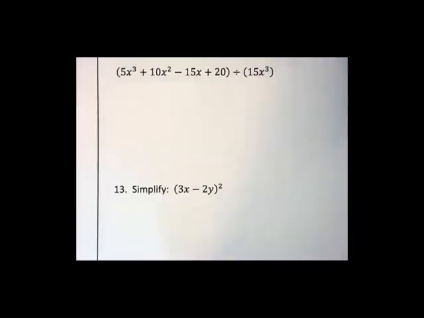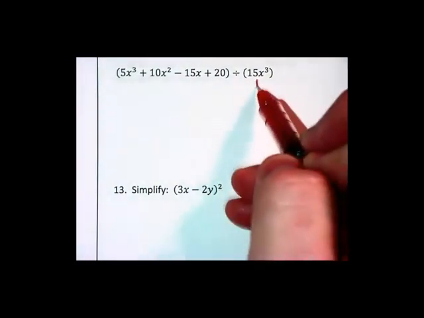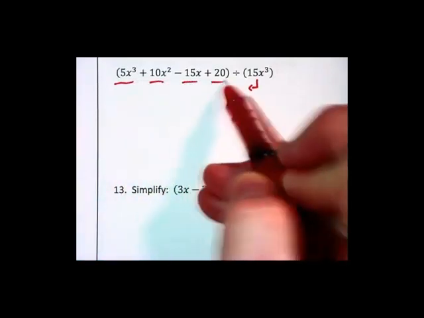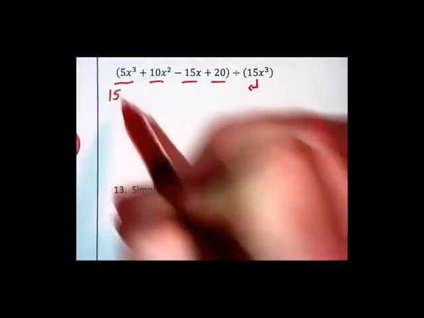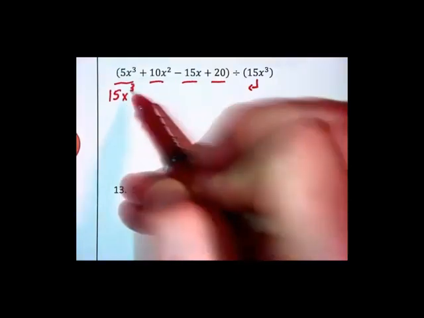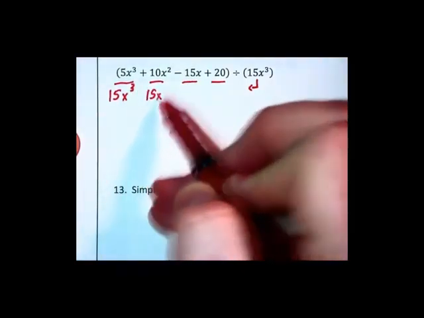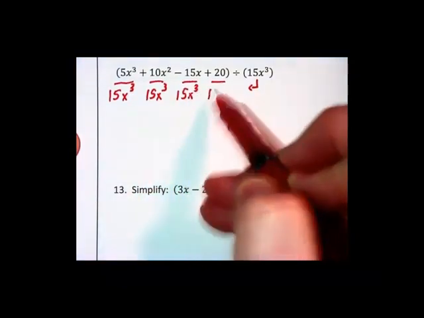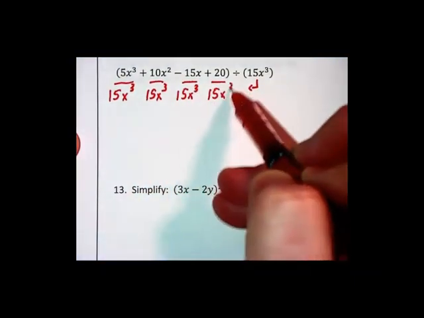Number 12. We are dividing by a monomial. And when we divide by a monomial, it's easiest just to create separate fractions, each of which have this 15x to the third in the denominator. After we do this, we will then cancel each of those fractions separately.